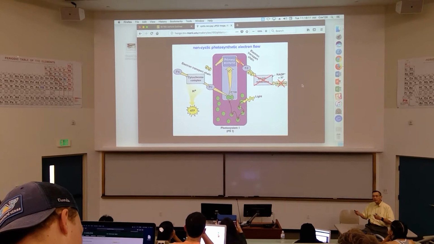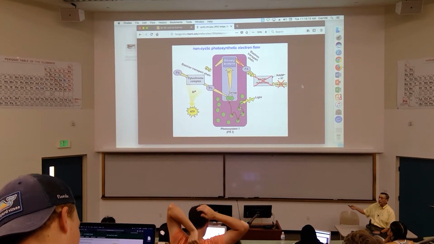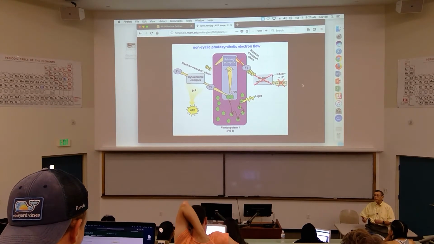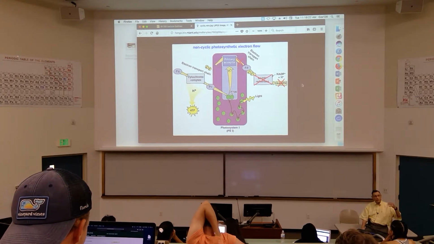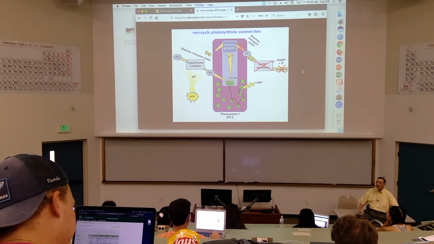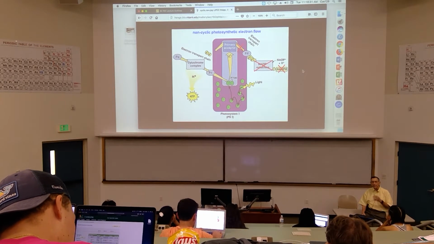So when you do cyclic photophosphorylation, as you see here, the only product that you make is ATP. If you do non-cyclic, which includes photosystem 2 and photosystem 1, you will make ATP and NADPH. Now, why did the cell do that?